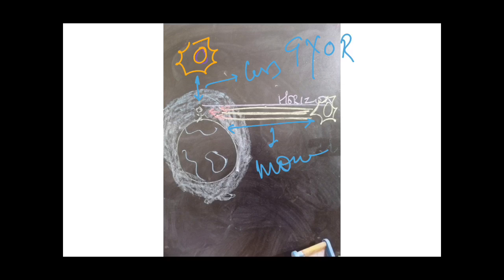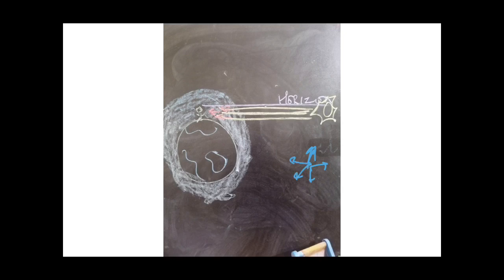But when the sun is very far away from the observer, what happens? First the particles scatter the blue color, so violet, indigo and blue are used, because these are of smaller wavelength.